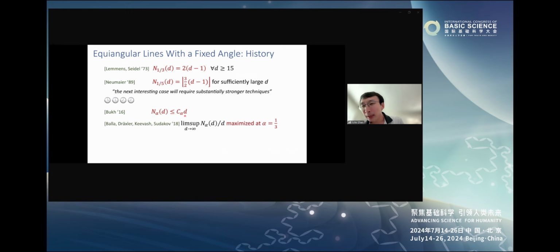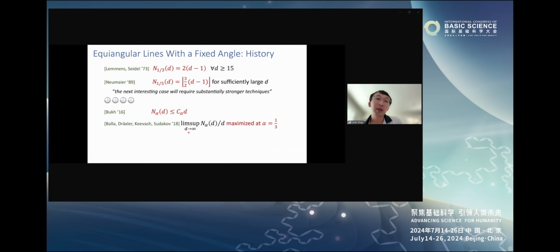And you might suspect, based on everything I've told you, that this number might go up as alpha goes to 0, because for constructions with quadratically many lines, the angles approach 90 degrees, corresponding to alpha going to 0. So it seems like alpha being closer to 0 is good for you. But somewhat counterintuitively, that is not the case.